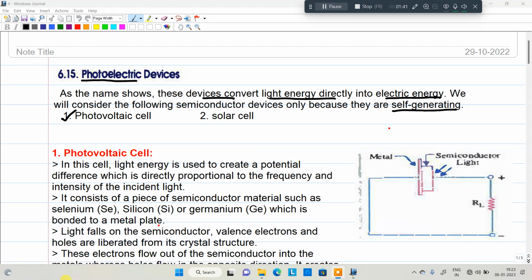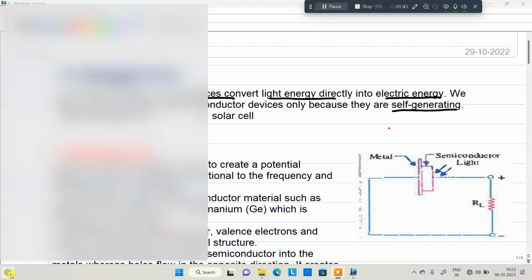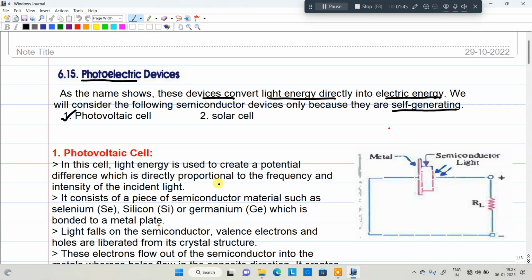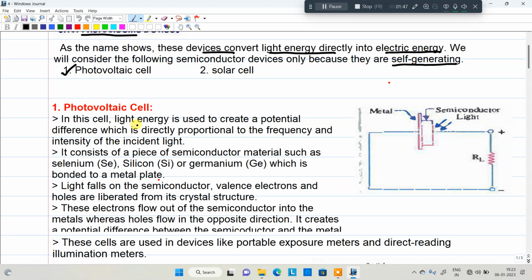In this photovoltaic cell, light energy is used to create a potential difference, which is directly proportional to the frequency and intensity of light. So whenever light falls on this semiconductor device, a potential difference will occur. How does the potential difference occur here?